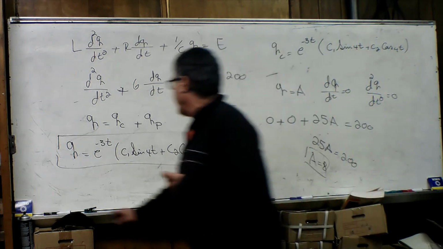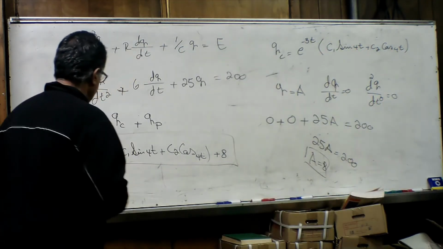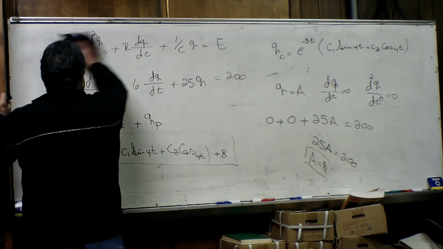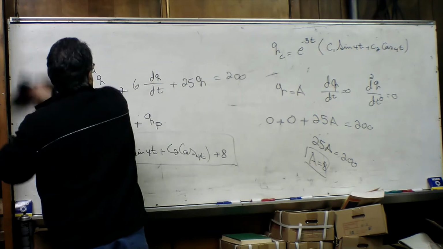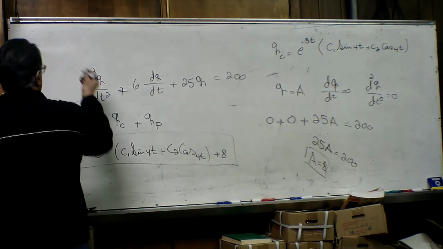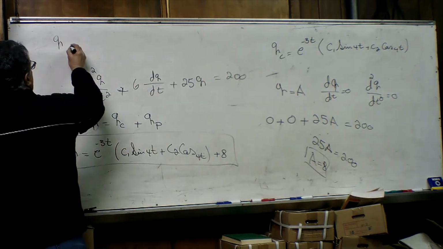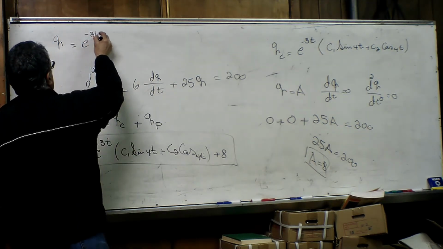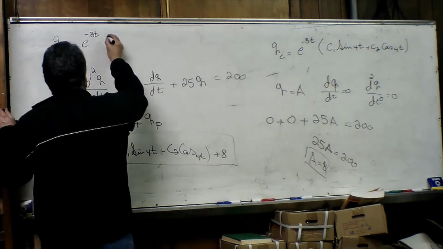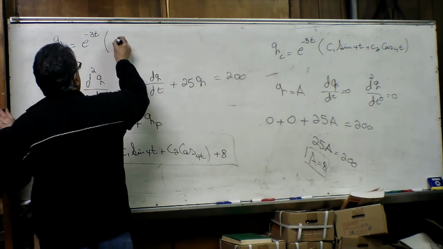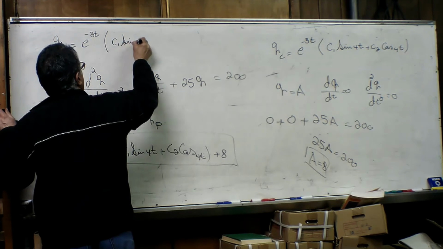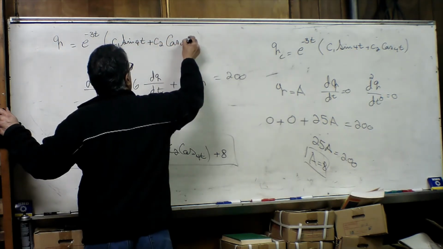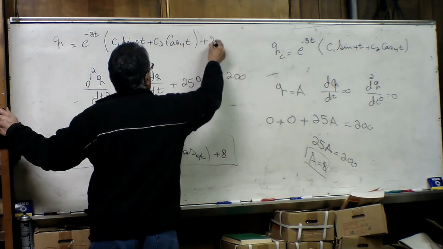So let me go ahead and write this up here again. Our Q is equal to e to power minus 3t multiplied by C1 sine of 4t plus C2 cosine of 4t plus 8.